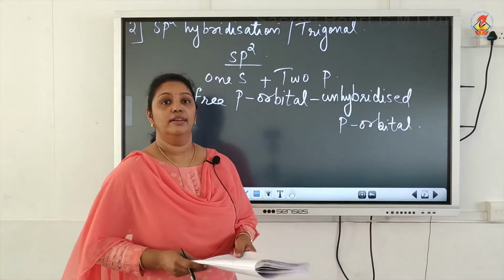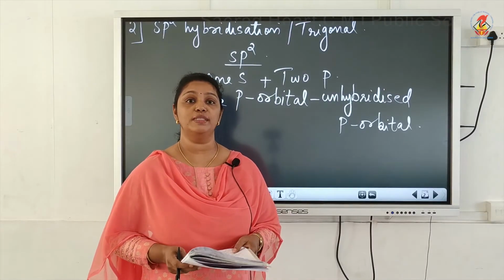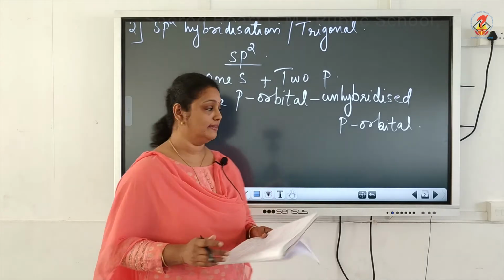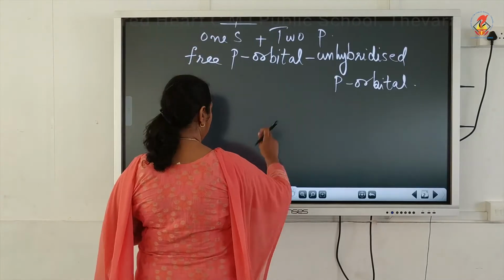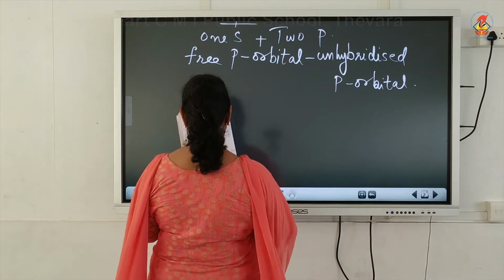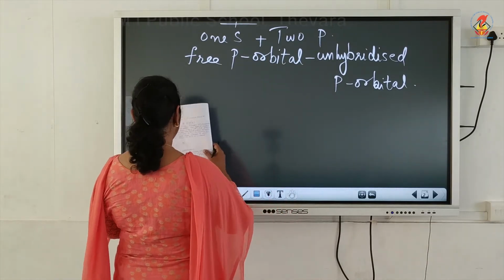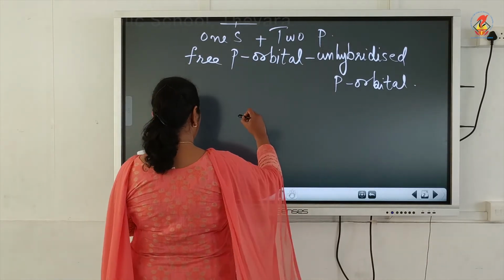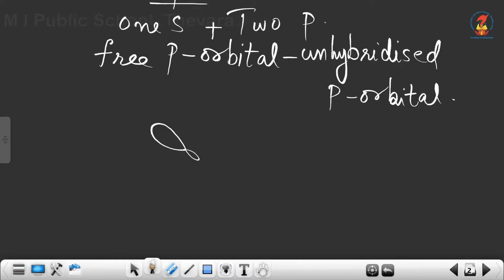And let's see the shape of Sp2 hybrid orbitals. The shape is trigonal planar, and when we draw the shape, this is the Sp2 hybrid orbital.